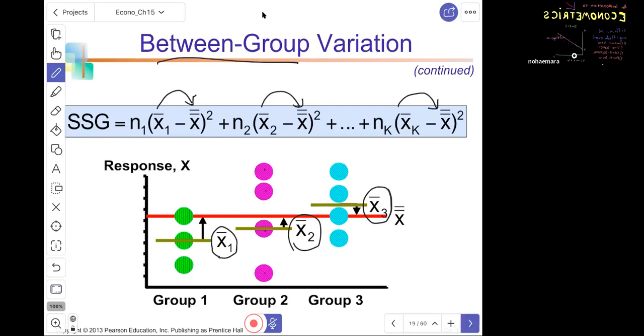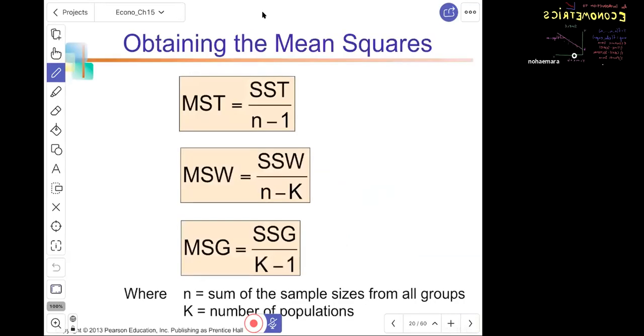Okay, now, after you're done, you have the mean squared total variation in the model that is coming from the sum of the squared total, and it's divided by its own degrees of freedom. This sum squared total variation in the model is divided into some variation coming from within, some variation coming from groups.